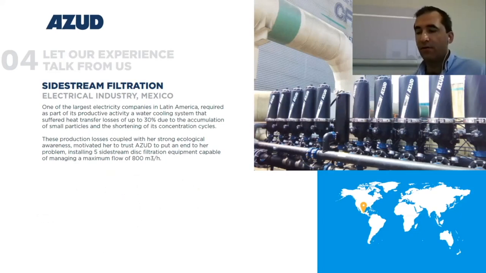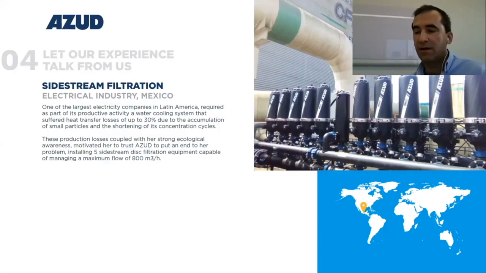Due to the very poor water quality, the chemical usage was not enough to maintain an optimal performance of the cooling tower. They had a massive water consumption by frequent blowdowns, so very high makeup water costs, and of course, a very high environmental impact.